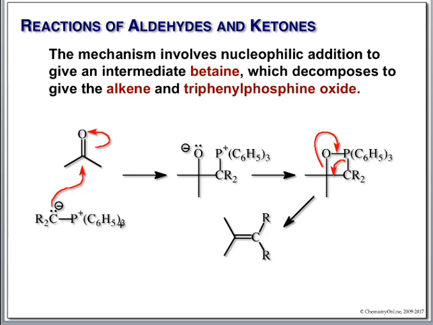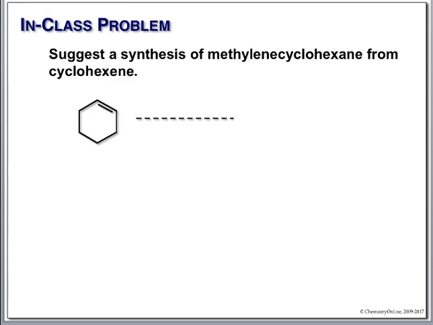Let's see how we might use this in a synthesis. Let's pretend we were given cyclohexene and we wanted to make this stuff, methylenecyclohexane. Well, we're obviously having to add a carbon, aren't we? Not a trivial thing.